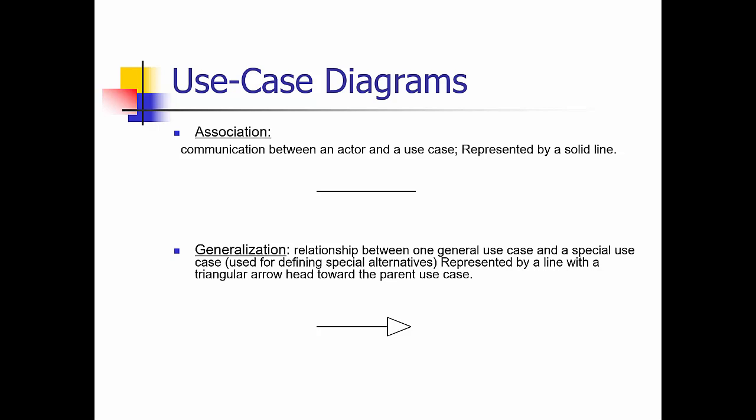If it's a generalization between stickmen or actors, the stickman on the end of the arrow is the more specific, specialized actor, and the actor on the arrow side is the general actor. So the inheritance flows from the arrowhead down.